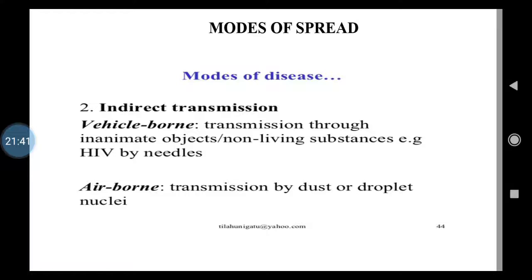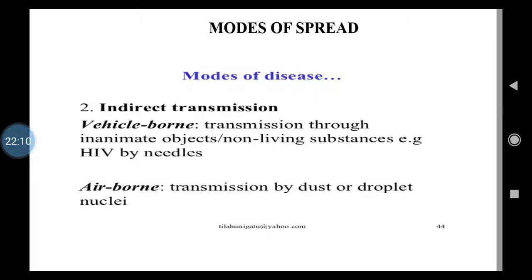Vehicle borne: the important vehicles are water, milk, food, blood or blood products. So it is transmission through inanimate, non-living objects. When we come in contact with the contaminated vehicle, waterborne diseases may be there, foodborne may be there, milk-borne may be there.